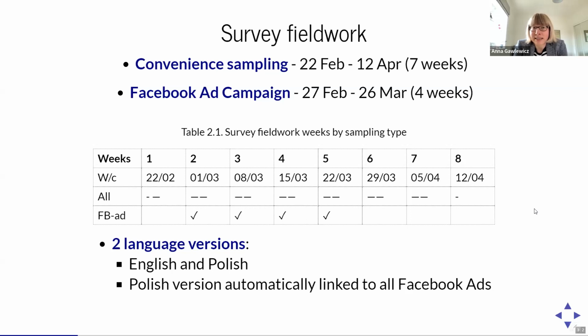Initially, we did some convenience sampling for 7 weeks, and after that, we did a Facebook ad campaign. The table shows you the survey fieldwork week by week. We used 2 language versions for the survey, English and Polish, because we were targeting specifically Polish essential workers.